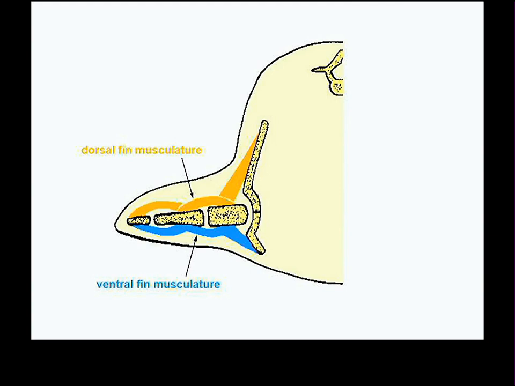Those that don't arise from the scapular ossification element run from bone to bone along the dorsal aspect of the fin. And the ventral muscles, those primarily which flop the fin down, many of them arise from the coracoid ossification element, and those that don't run from bone to bone along the ventral surface of the fin. So it's pretty straightforward. You've got dorsal muscles and ventral muscles of your fish fin.